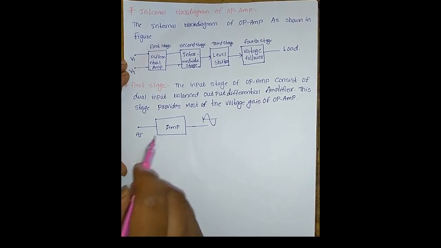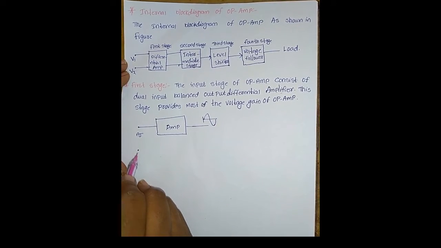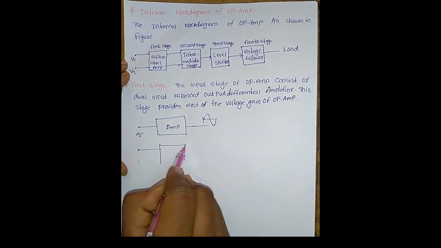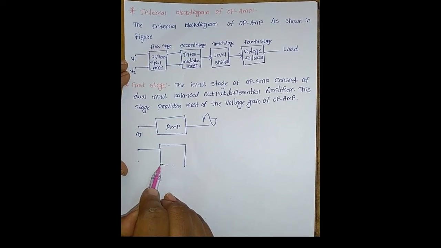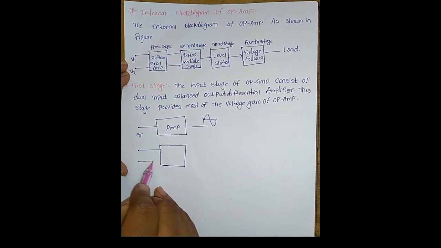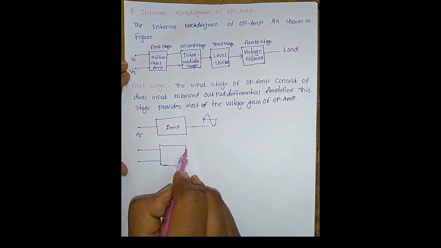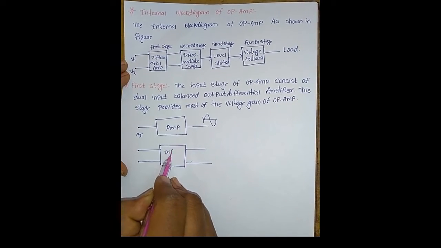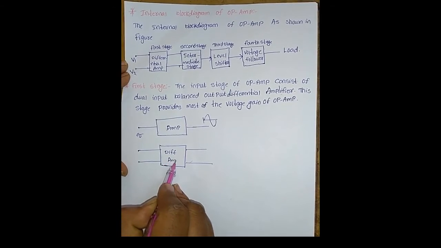Here, the dual input balanced output differential amplifier means the circuit can accept two input signals, and with the difference of these two input signals, it provides the output. That circuit we consider as a differential amplifier.